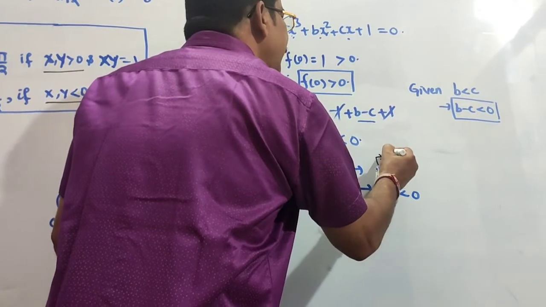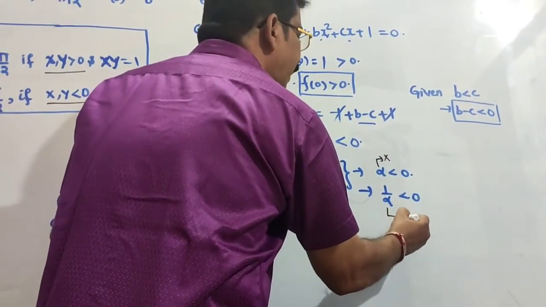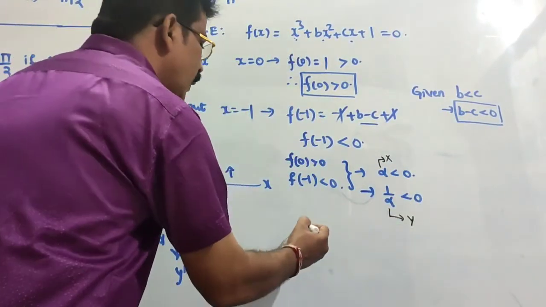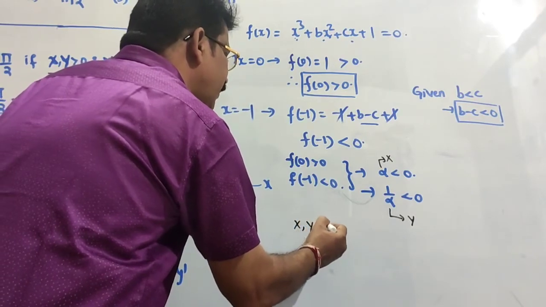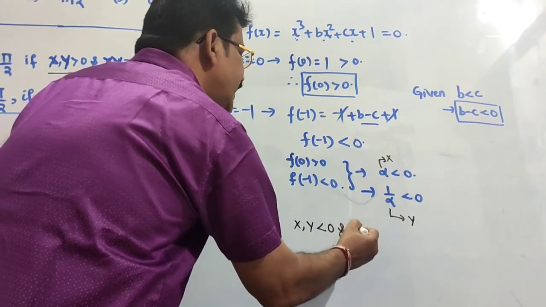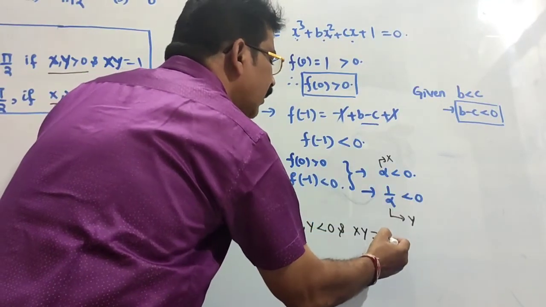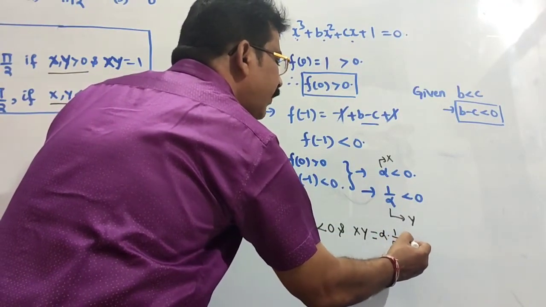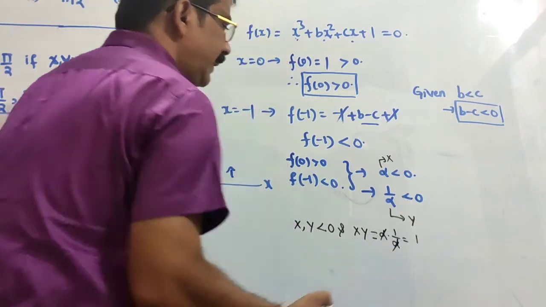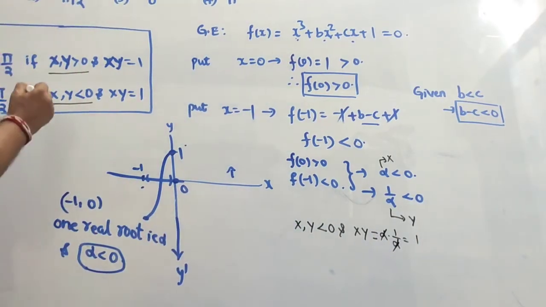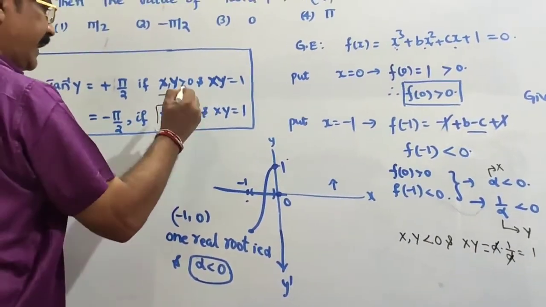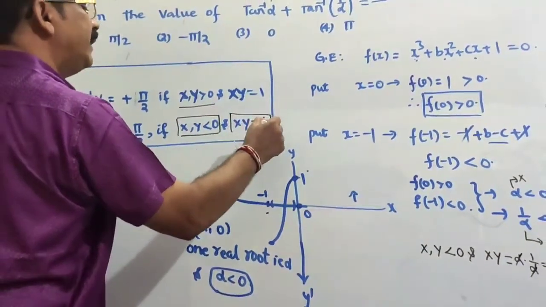Let alpha be capital X and 1 by alpha be capital Y. So capital X and capital Y are both negative, and X into Y equals alpha into 1 by alpha; alpha cancels, so it is 1. Therefore x, y are both negative and x into y is equal to 1.